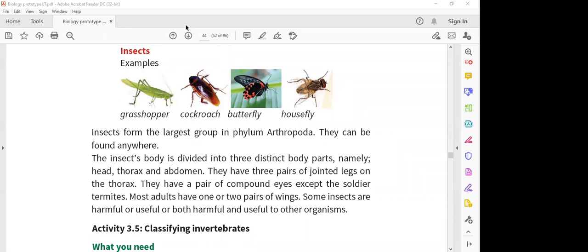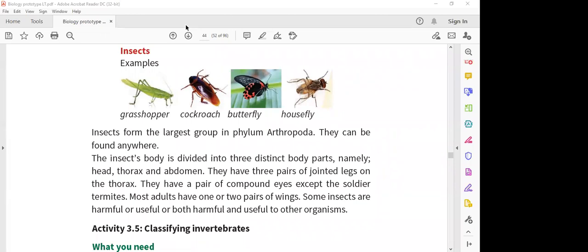And those body parts are head, thorax, and abdomen. And this time they are separate from each other. Unlike in the crustaceans and the Arachnida, where the head and thorax were combined together or fused, here the head is different from the thorax and the abdomen.